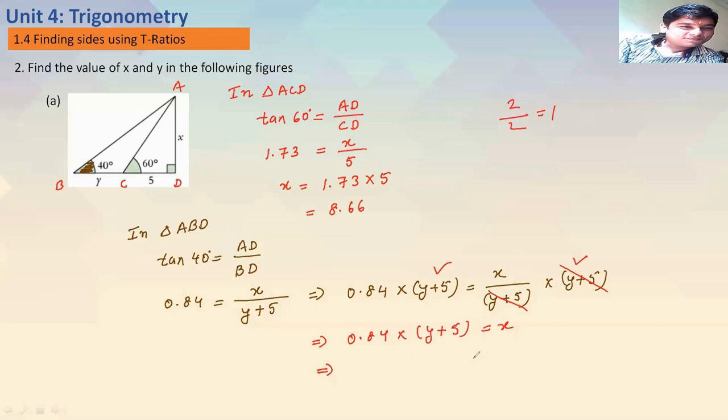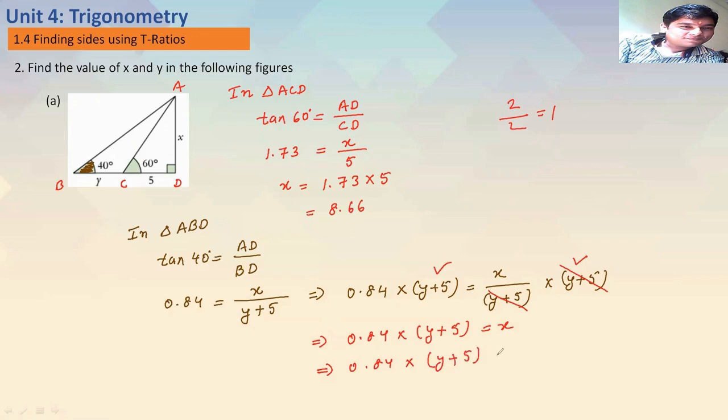Do you understand this? We need to find out Y. What should we do next, Prablin? So instead of X, can we write the value 0.84? Okay, let's do it. That's a good idea. Okay, let's write this.